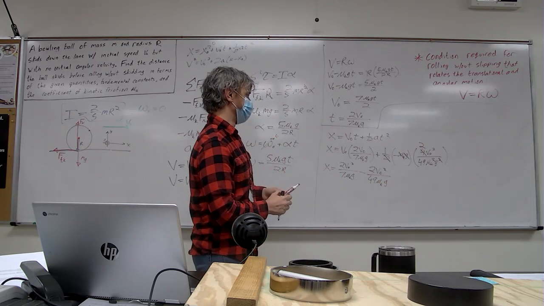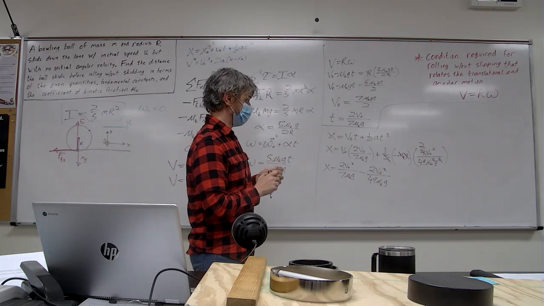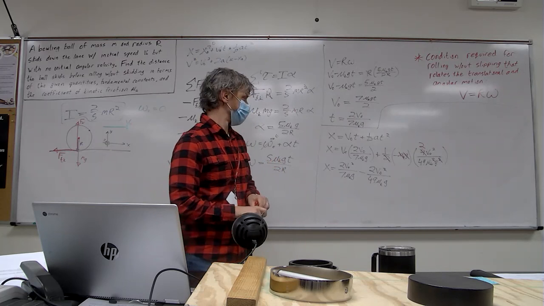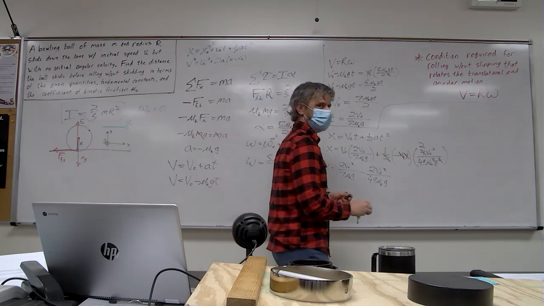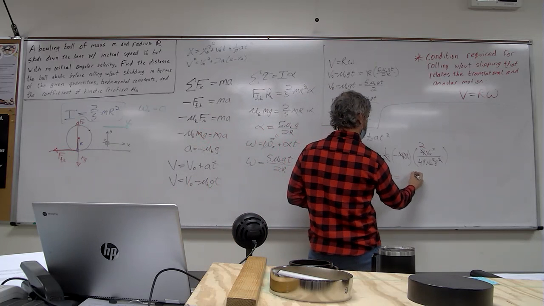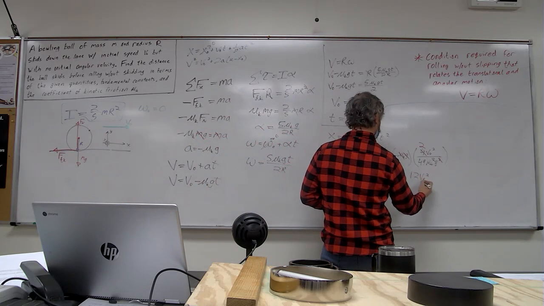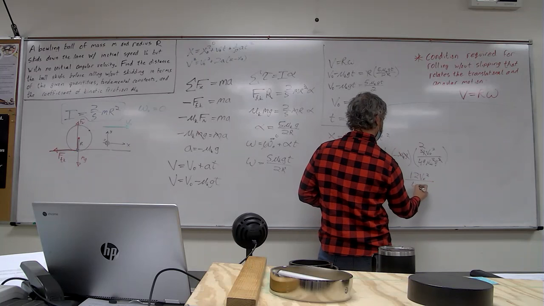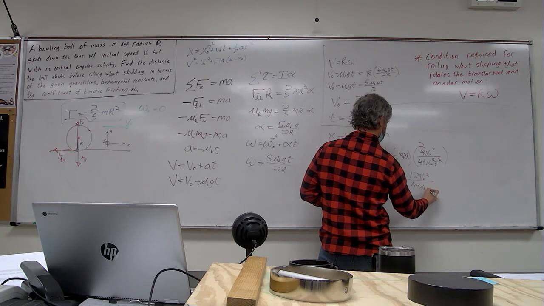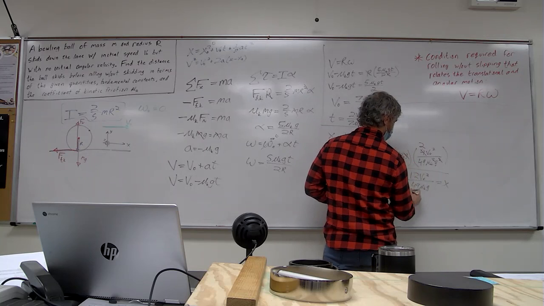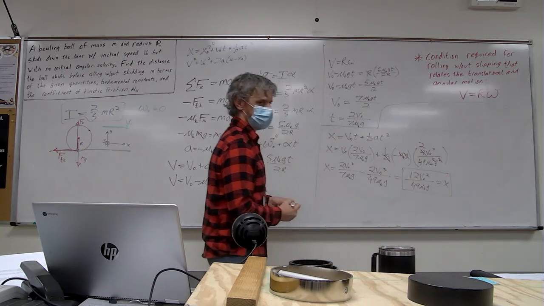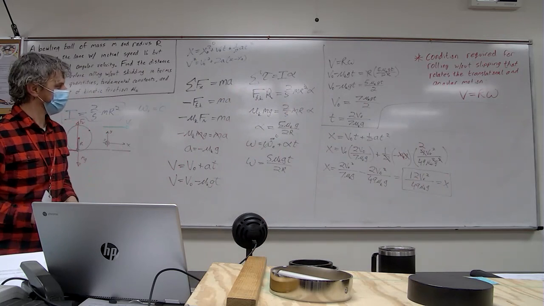You guys can do that, right? You can combine those terms. Just multiply. 12 over 49. So that would be 12 v naught squared over 49 coefficient of friction times g. That is the distance that it will travel before it starts rolling without skidding. Easy enough.